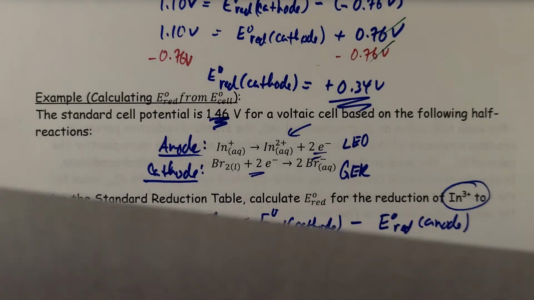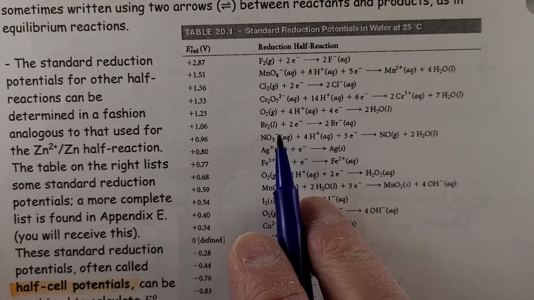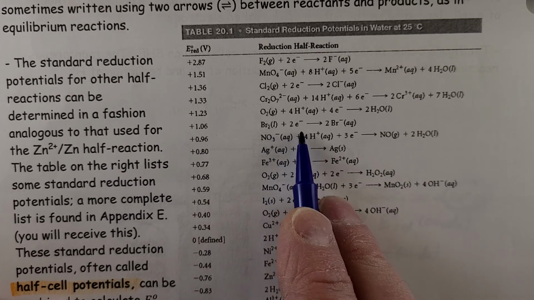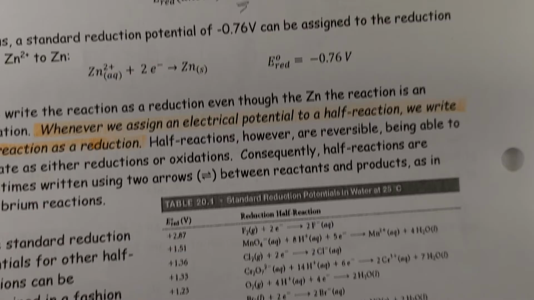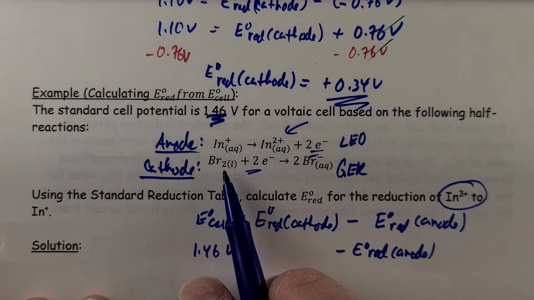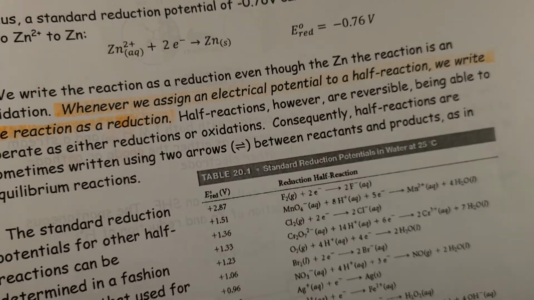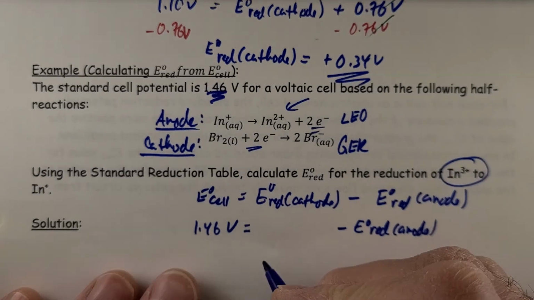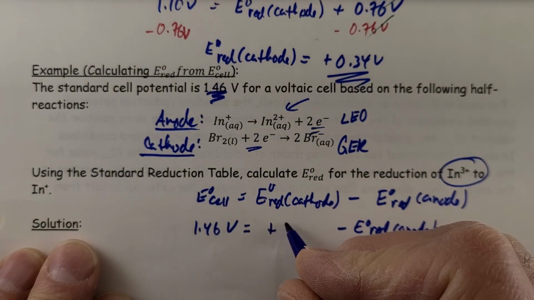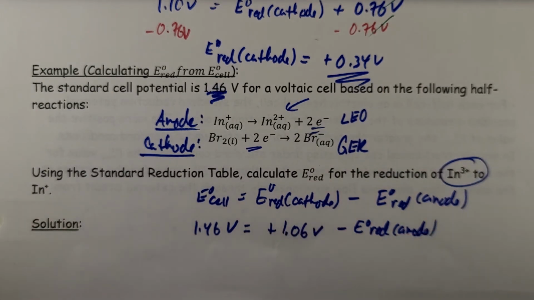Bromine, there it is right there: bromine molecule going to bromide ions. That has a value of plus 1.06.